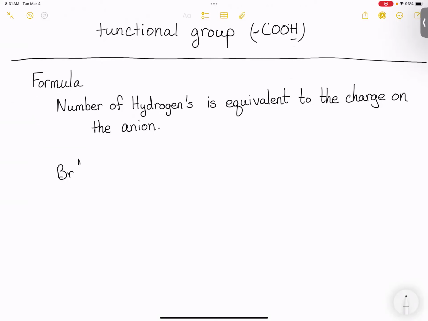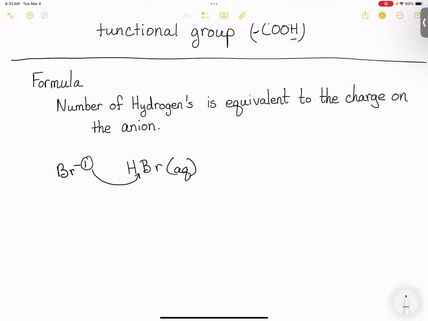So its acid is going to be HBr, because the number of hydrogens is equivalent to the charge. And then we will throw aqueous after it.